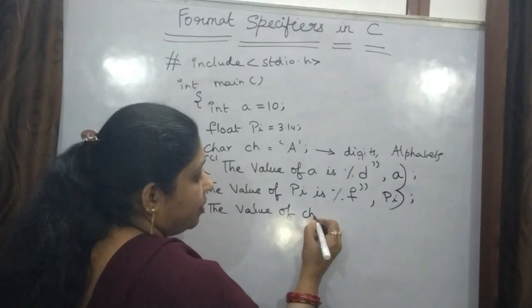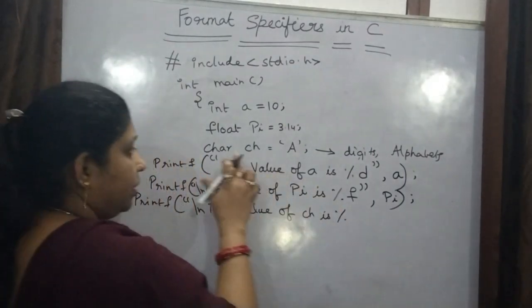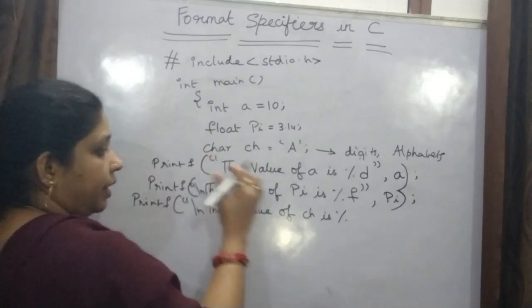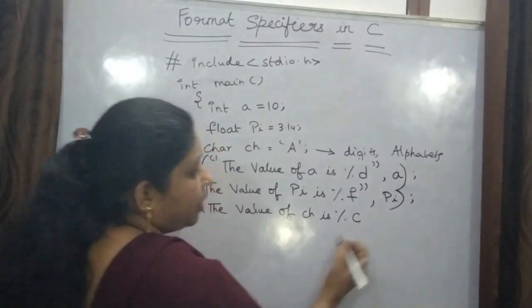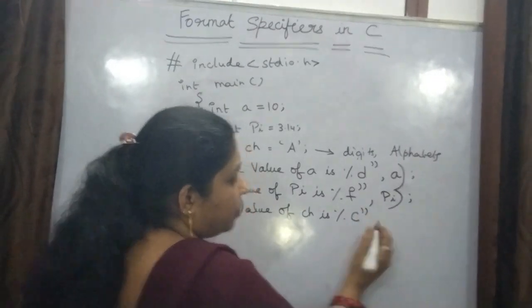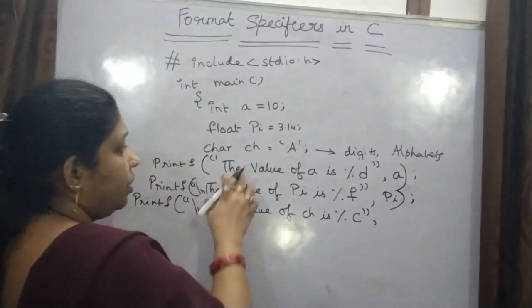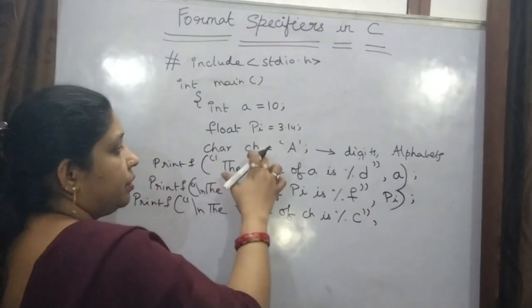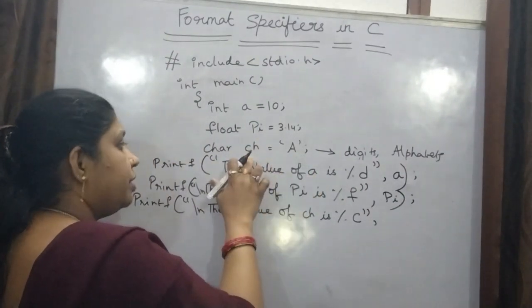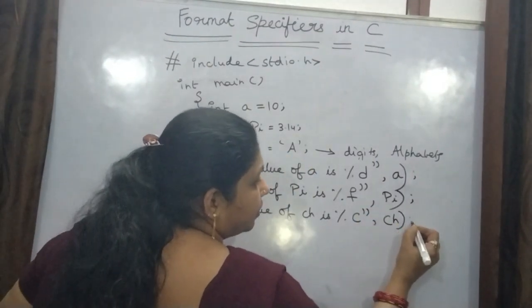So ch is the variable name, it is %. Which data type is there? Char. So for char you have %c. Open, close it, close the double quotes. Here I have opened double quotes, now I am closing, comma. Now this character is stored in this variable. So this variable name I should give here.